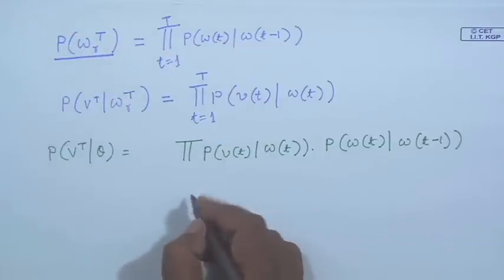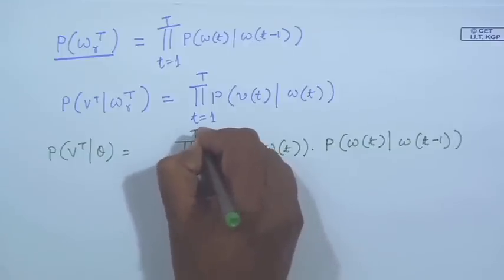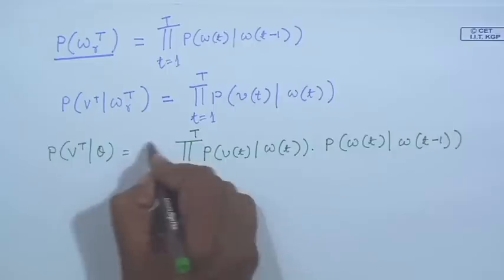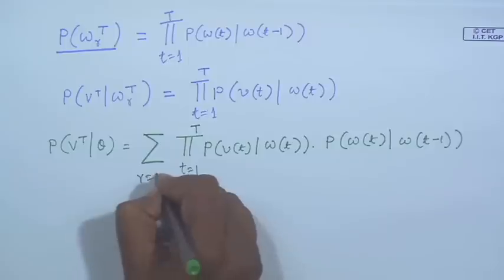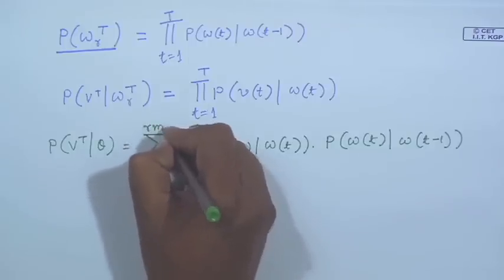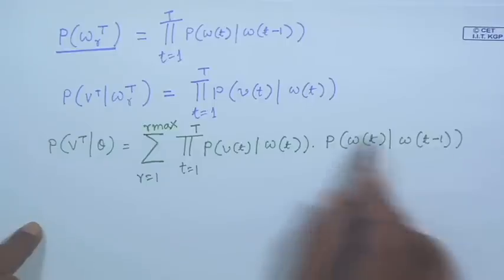I have to take this product for t equal to 1 to capital T and take the summation of this over r equal to 1 to r max. So, given a hidden Markov model theta and a sequence of visible states V t, I can find out the probability that this model theta has generated this sequence of visible symbols V t by this expression.